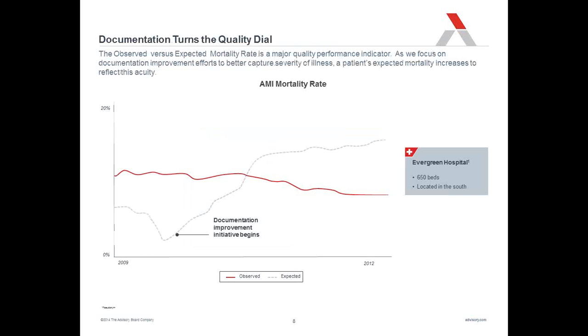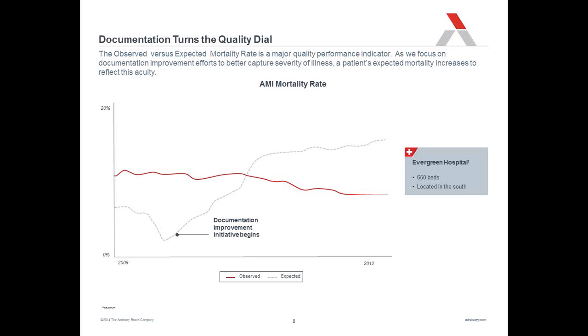As you can see by this graph, documentation really does impact the quality dial. This slide represents the impact that improved clinical documentation can have on observed versus expected mortality rates. The OE ratio, observed mortality rate over expected mortality rate, is an important metric in healthcare.